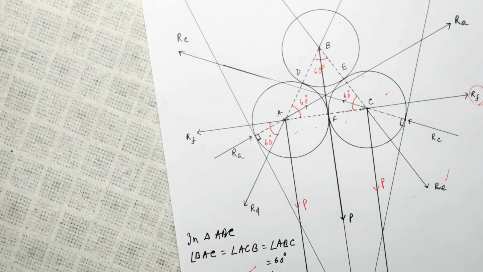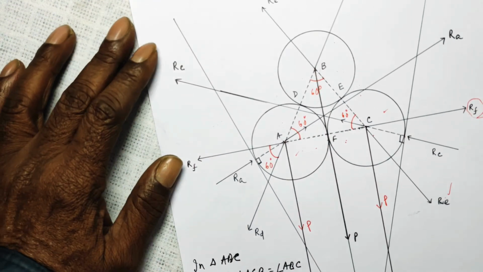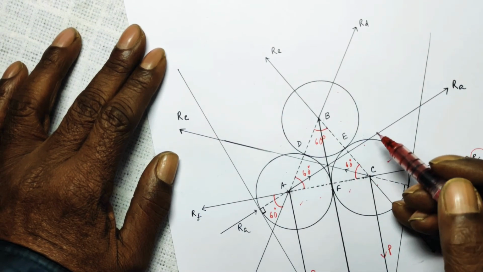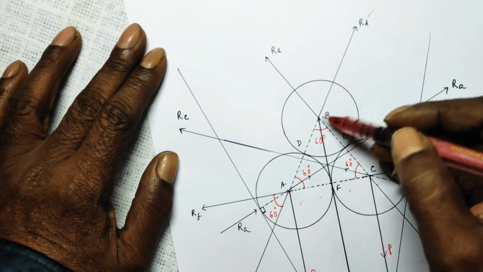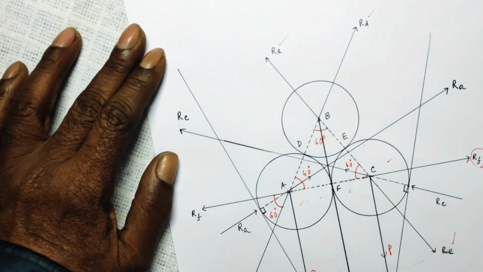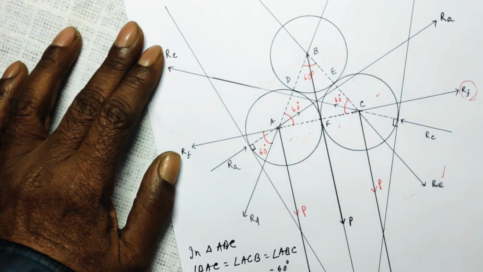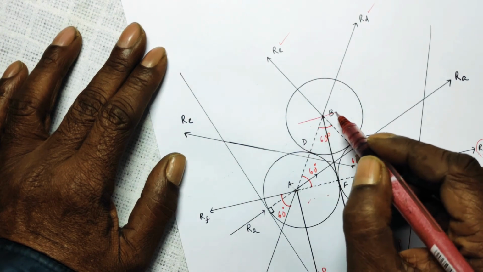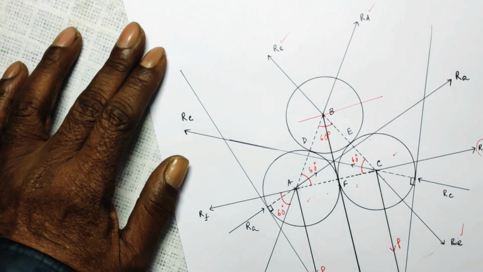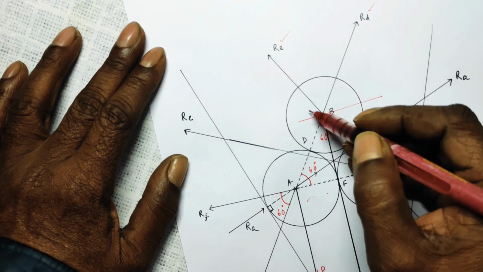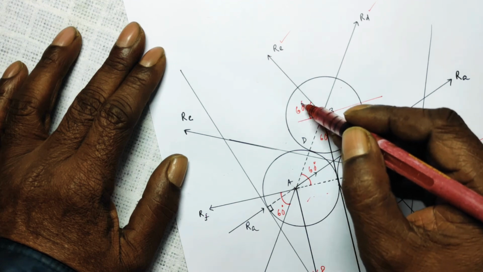Now let us move on to the point B and draw a free body diagram. So we must first identify how many forces are at point B. To this side is RD, to this side is RE, and to this side vertically downward is your P. So here if you draw a horizontal line as x-axis, since this angle is 60, so this will also be 60.